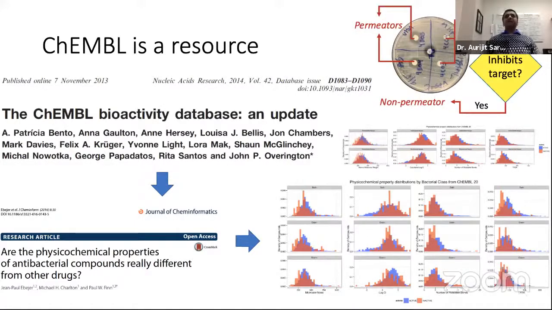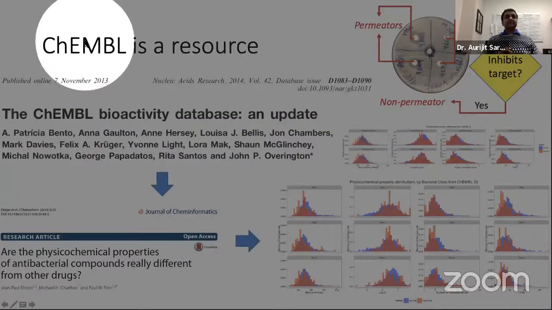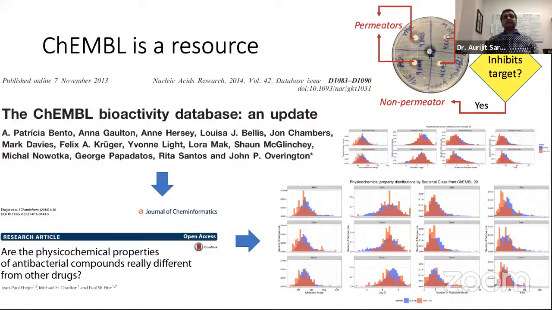A good resource for such a large data set of chemicals is actually already available to us. It is known as Hewcbds. I'm not sure if everybody knows what Hewcbds is, but it is a large database which contains chemicals, data on their properties, and on their biological activities.